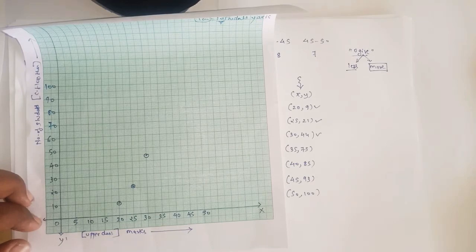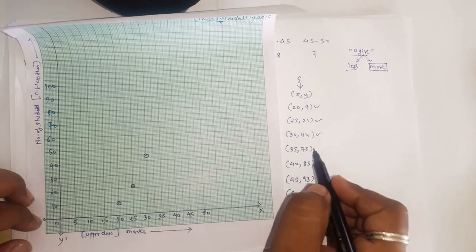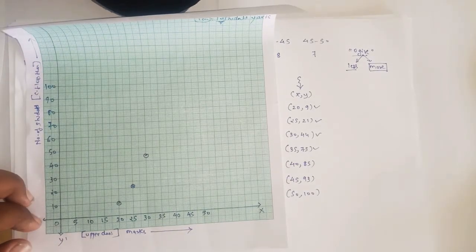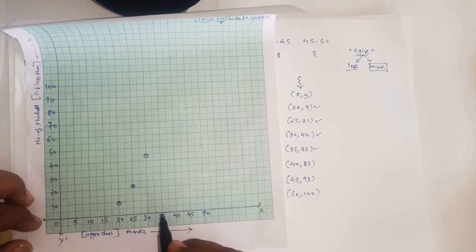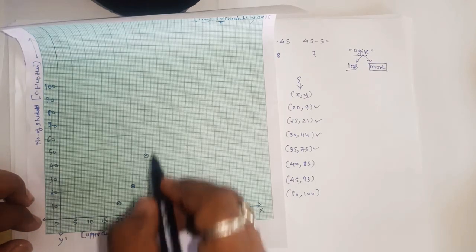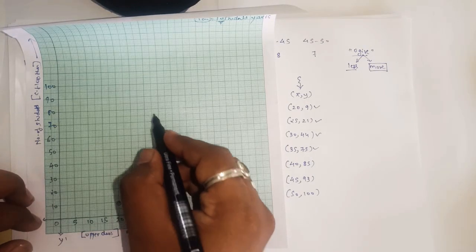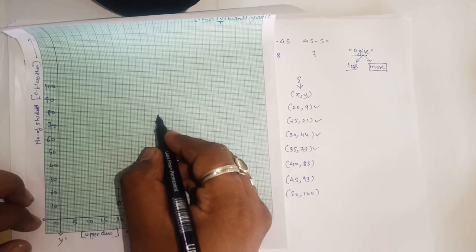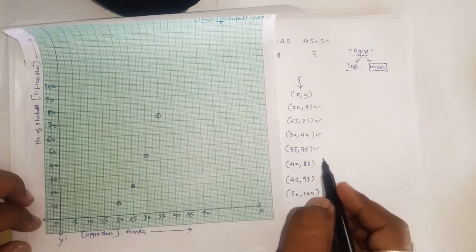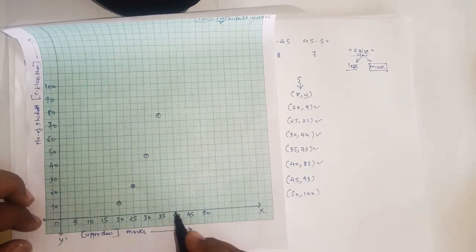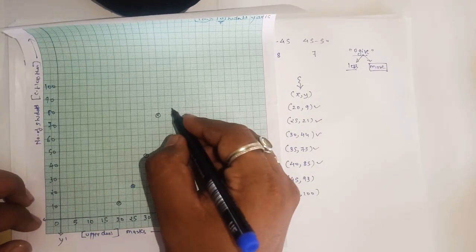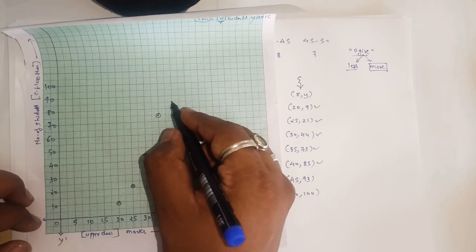Then the next point is 35 comma 75. 35 is here, and 75, this is 70, so 75 will come here. Then 40 comma 85: 40 is here, and 85 will come where, this is 80, so 85 will come here.